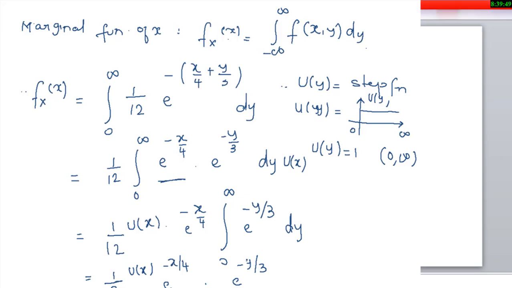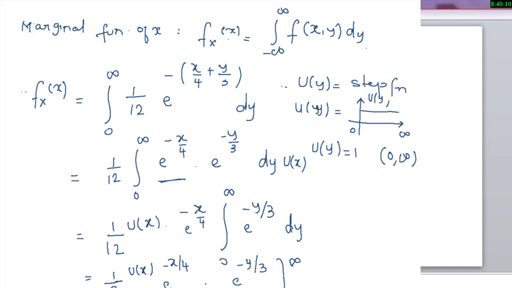Integration of e power x is e power x, so over here the integral of e power minus y by 3 gives e power minus y by 3 divided by minus 1 by 3, over the limits from 0 to infinity. Now let me substitute the limits.